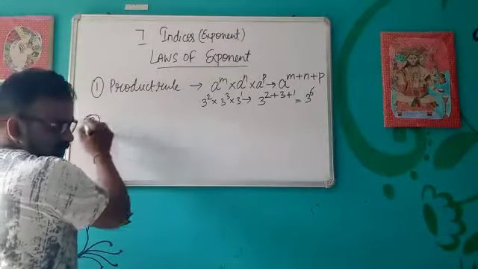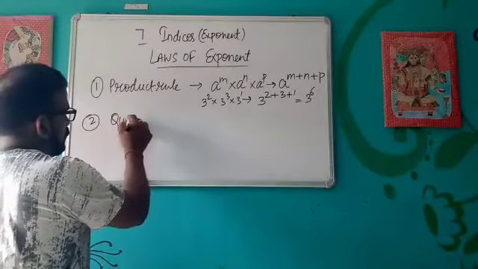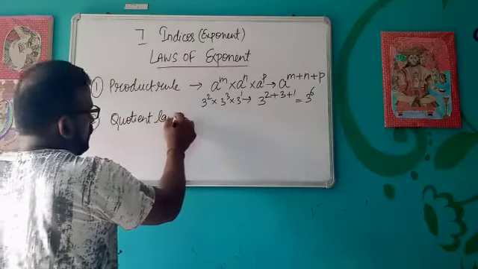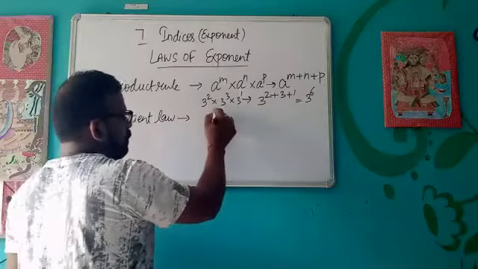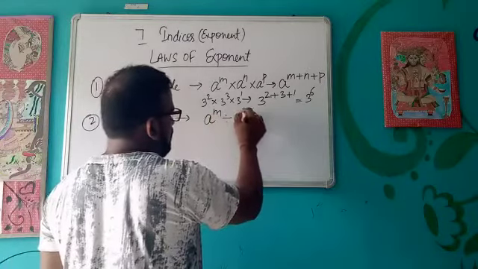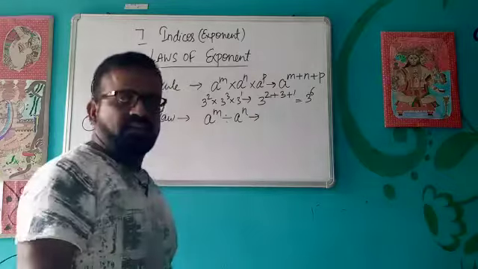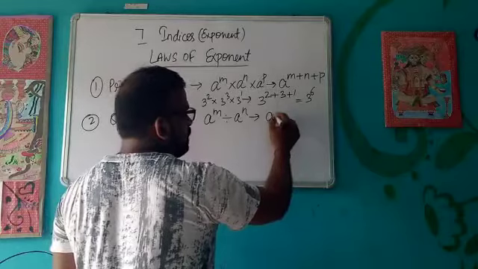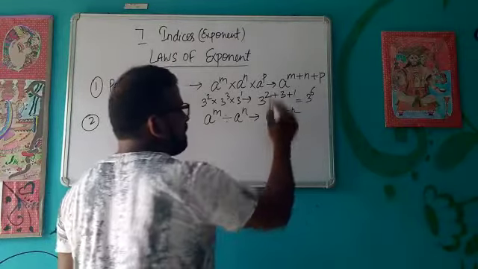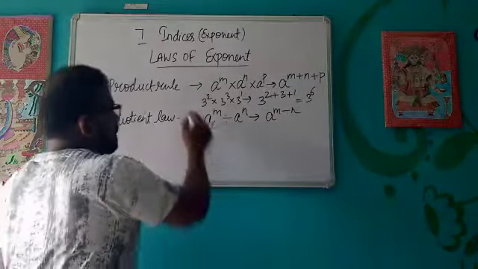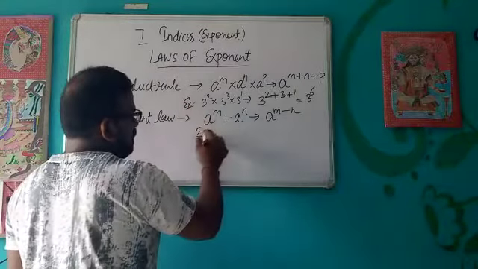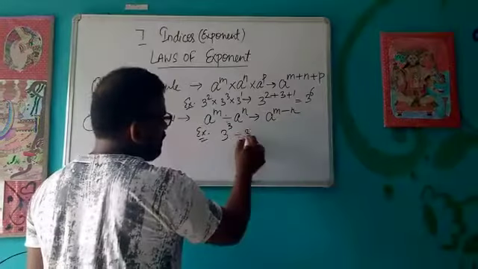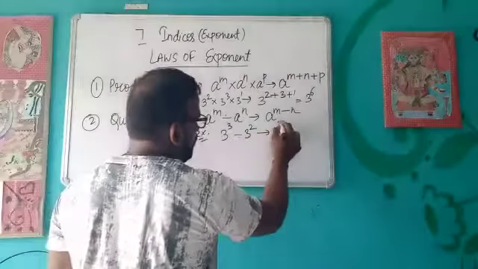Next is the quotient law. Another important law. If two numbers are such that their bases are same and they are divided by each other, then we will simply subtract their powers. For example, if I write 3 to the power 3 divided by 3 to the power 2, what will I get?